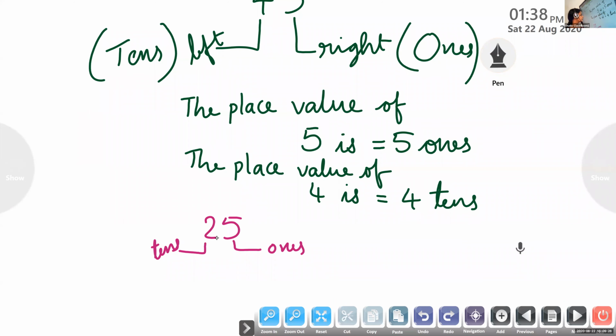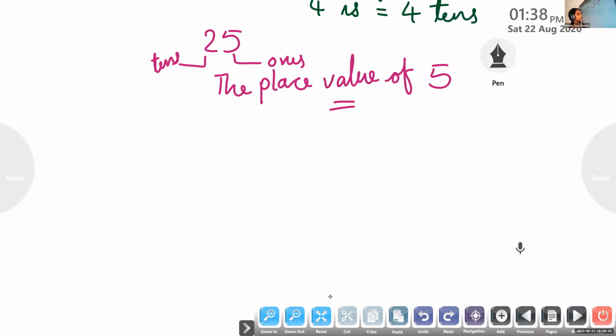Five is at the ones place, 2 is at the tens place. What is the place value of 5? 5 is in the ones place, so we can write 5 ones.